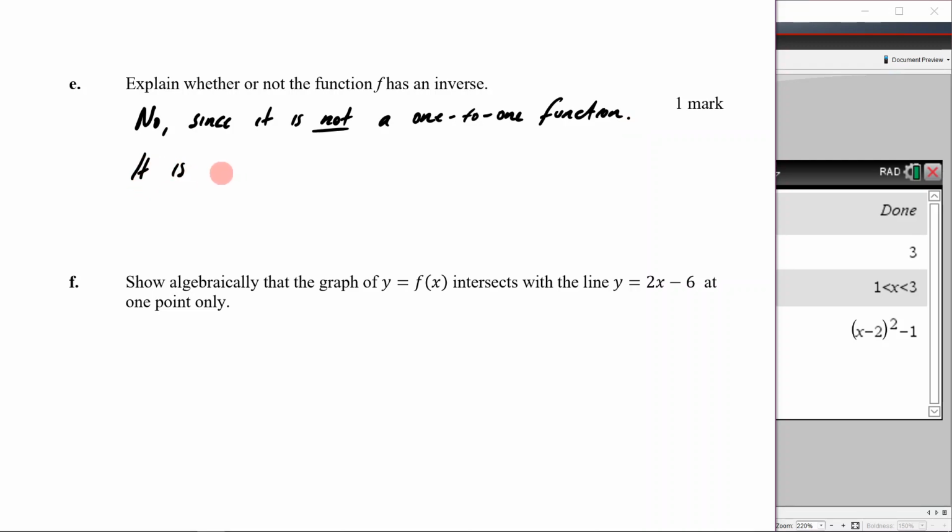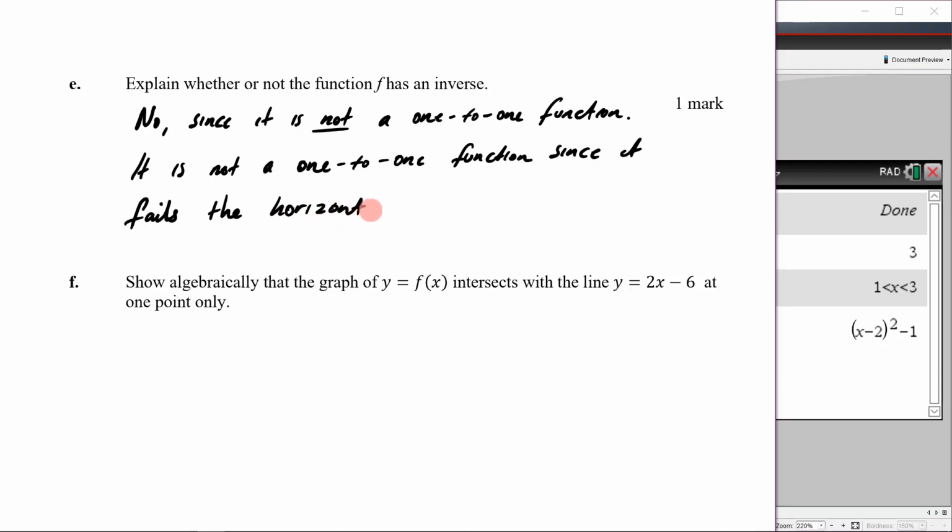It is not a 1-to-1 function since it fails the horizontal line test. Perfect. Nice and thorough explanation there.